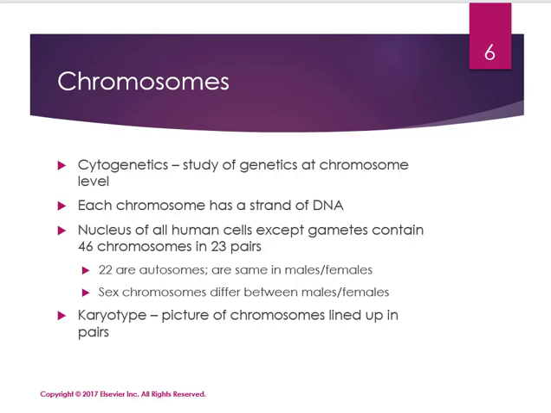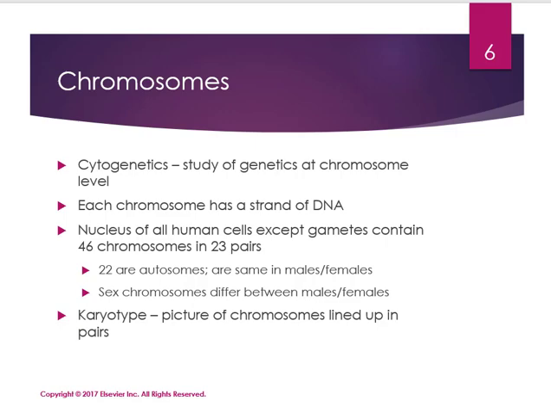There are 22 pairs that are called autosomes, and they are the same in both males and females. And then the sex chromosomes make up the remaining pair, and they differ between males and females. And as we know, 2 X chromosomes for female and an X and a Y for male. These are numbered by size from 1 to 22, 1 being the largest to 22 being the smallest.